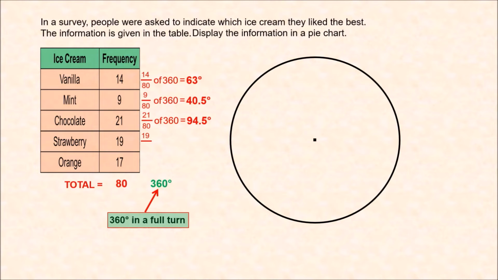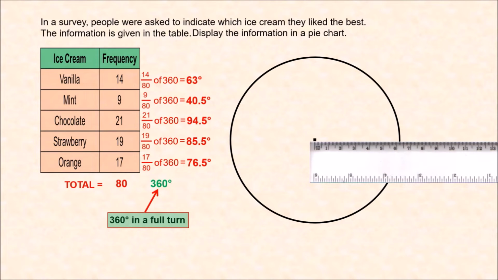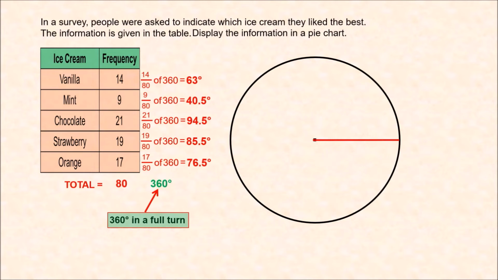For the strawberry, 19 people out of 80 times 360 degrees, so that gives us 85.5 degrees. For the orange, 17 people out of 80 times 360 degrees, that would give us 76.5 degrees.